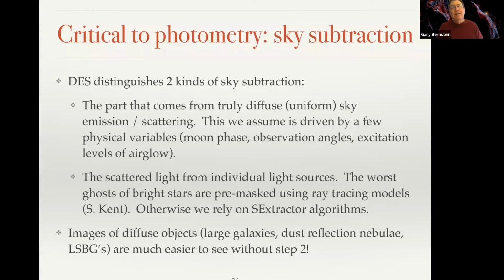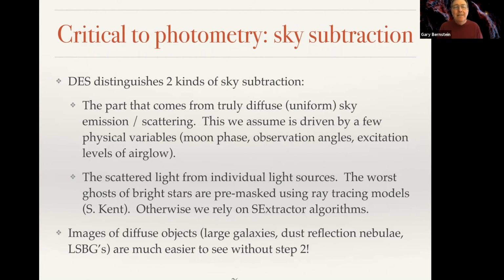And then we have one step of sky subtraction that removes what we might call this repetitive sky. And then each exposure has its own zoo of other kinds of sky junk, which Robert referred to as the ghosts and the ghouls. And also you might think of the large halos around individual bright stars.